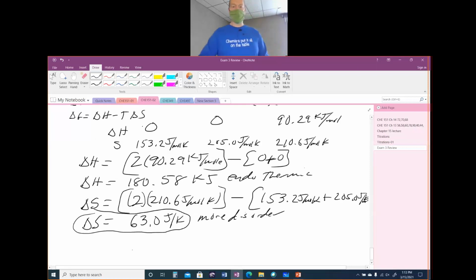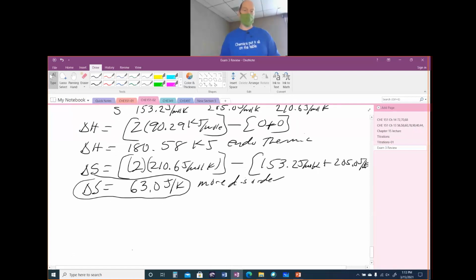All right, so now we're going to find the delta G at 2000 degrees Celsius, which was changed to 2273 Kelvin.